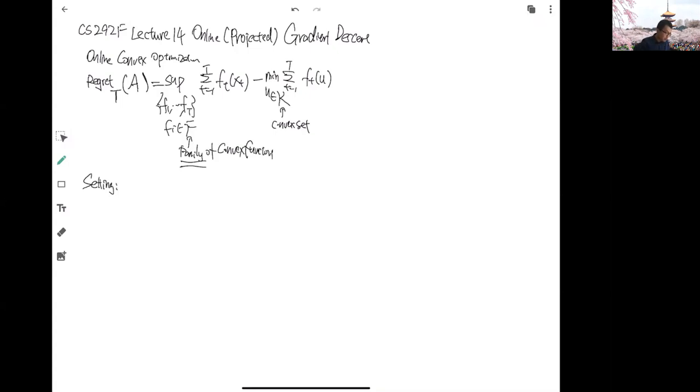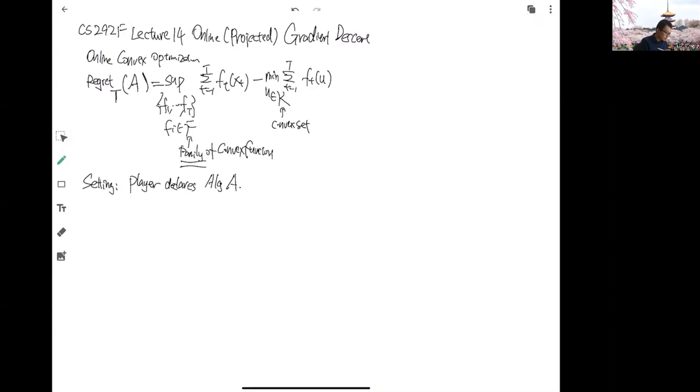So the setting is like a game, right? You have a player and you have an adversary. The player declares the algorithm A that she's going to be using throughout the game, which takes into account the transcript of the entire play up to this point, and then decides what the next x_t is going to be.